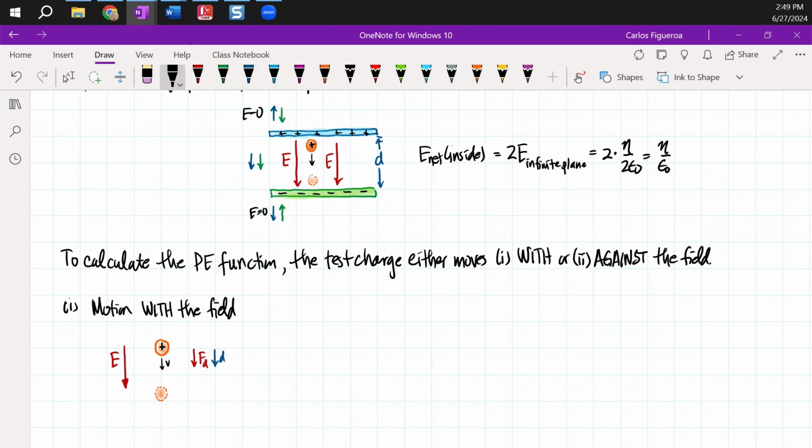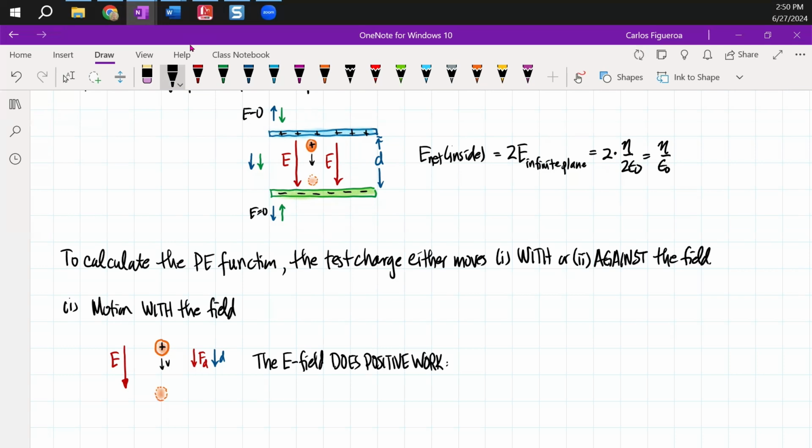So what we say here is that the electric field does positive work. And the reason why it does positive work, because of what we talked about last time, the force and the displacement are in the same direction.